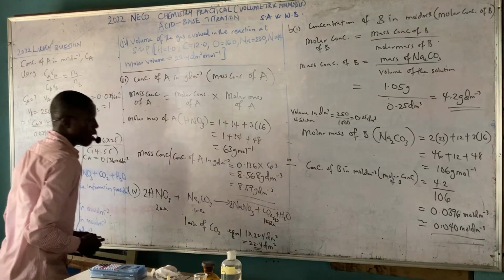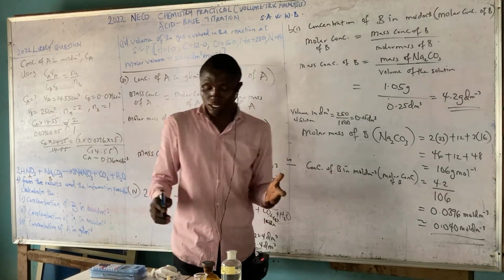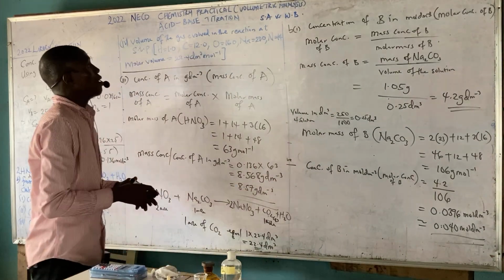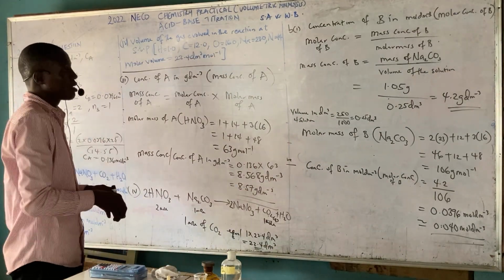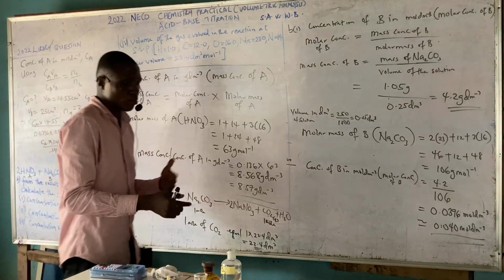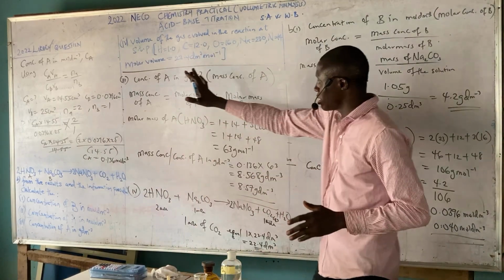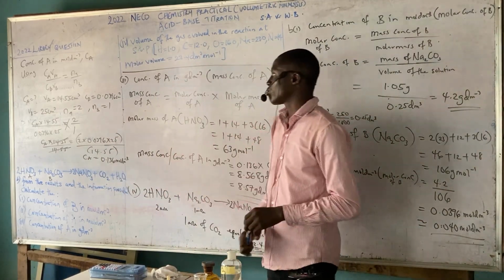So that's that, and these are the likely questions that NECO might set based on what you are given this year. And mind you, it might not be 250 centimeter cube, it might be 1000 centimeter cube initially. But whichever the case, the questions will always come in this format.